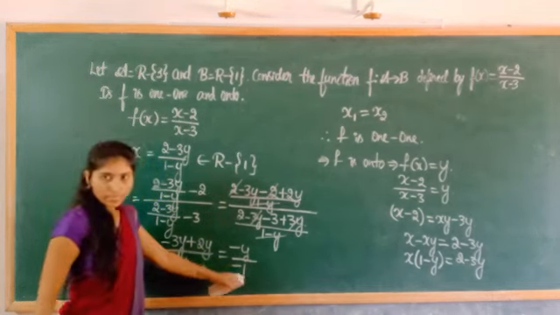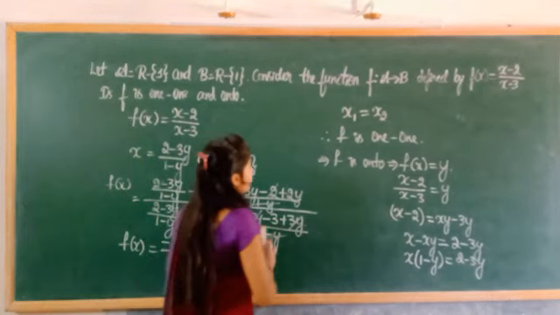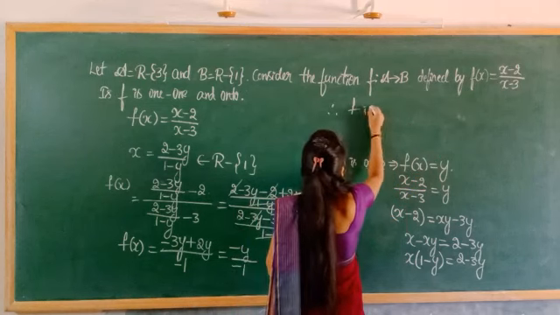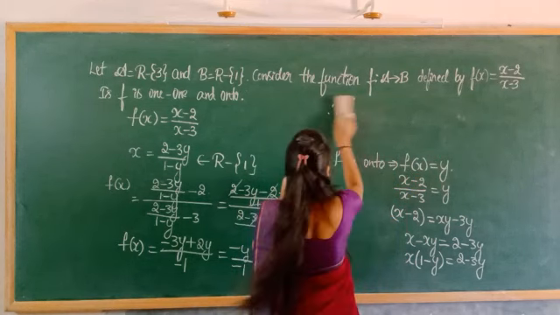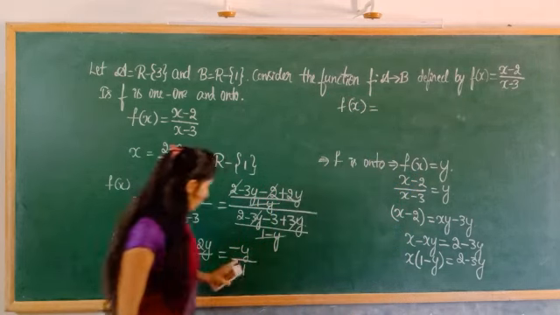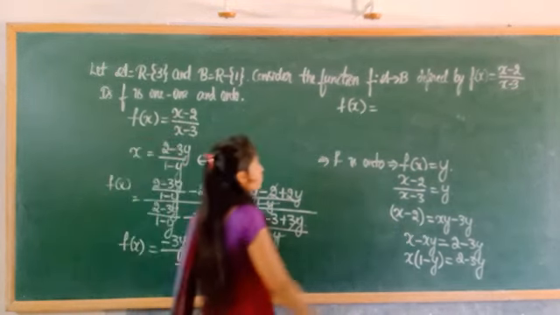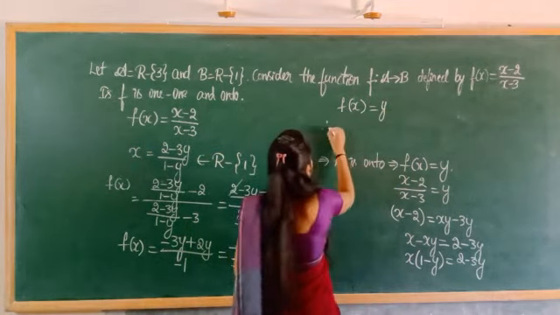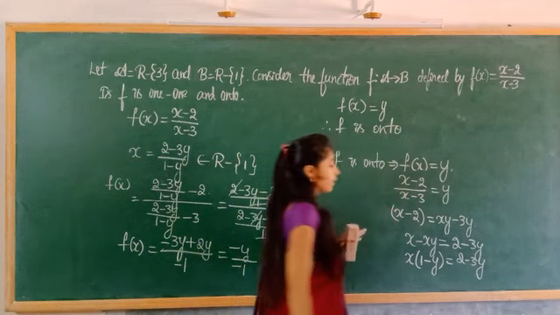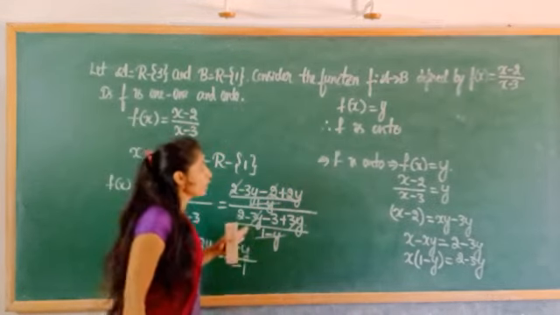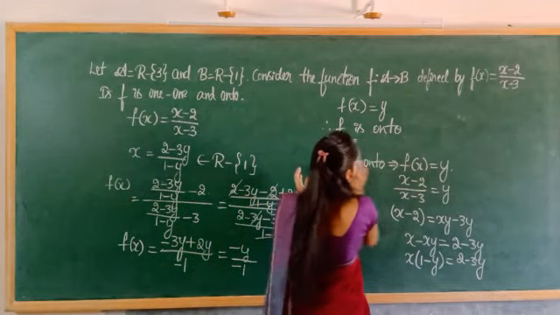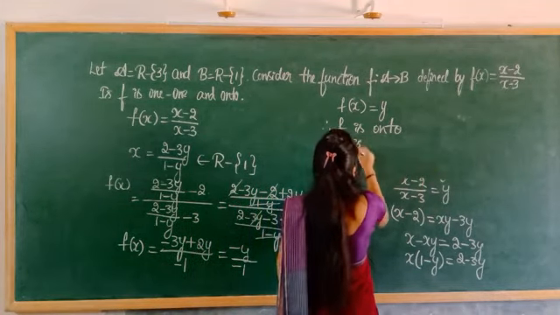Minus minus cancels. Therefore f of x is y. Therefore f is onto, right? Therefore both the conditions are satisfied, 1-1 and onto, which means f is bijective.